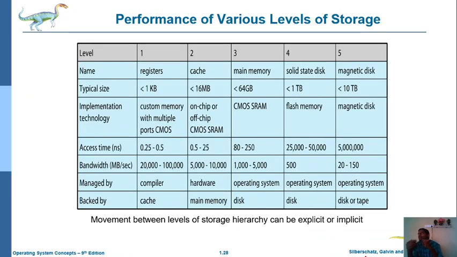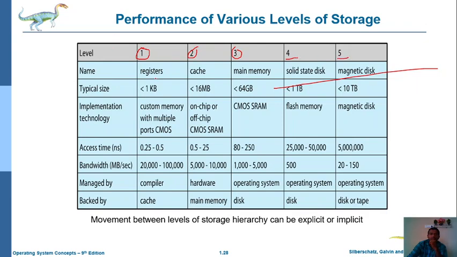Now we observe the several levels of mass storages and their information, like what their capacity is, how much storage is available, what their access speed is, and which one manages it. For example, these are the several levels of memories: level 1, level 2, level 3, 4 and 5.